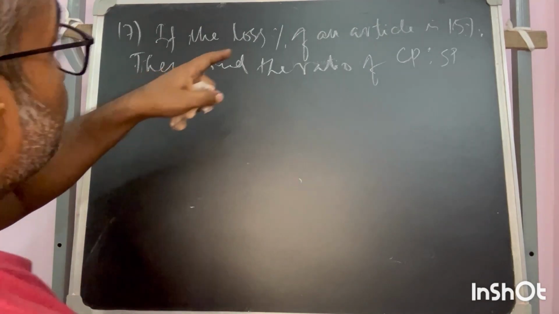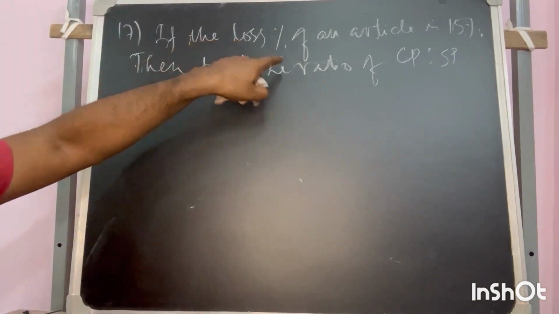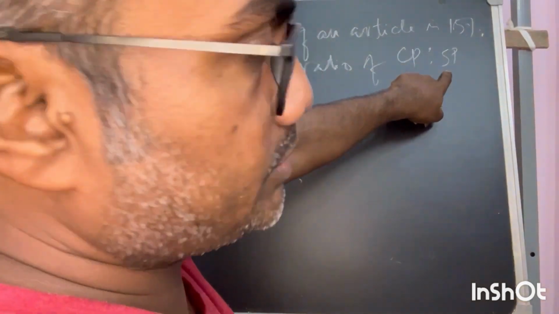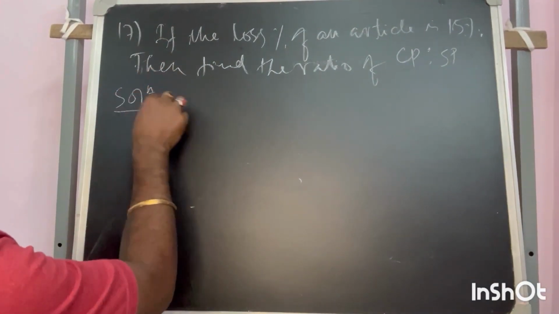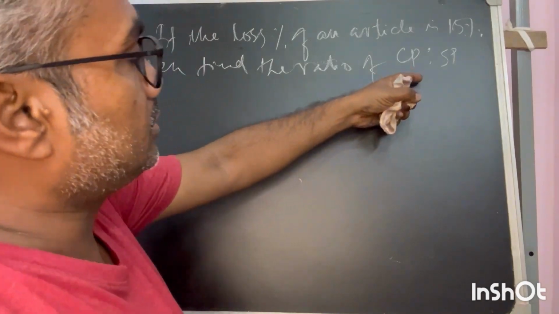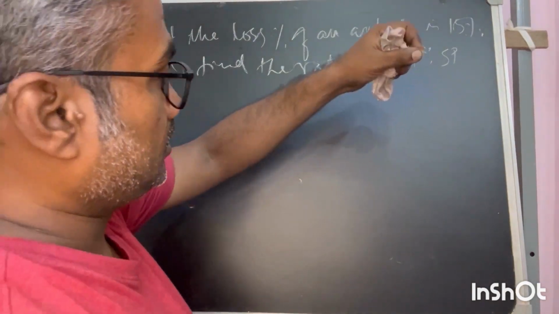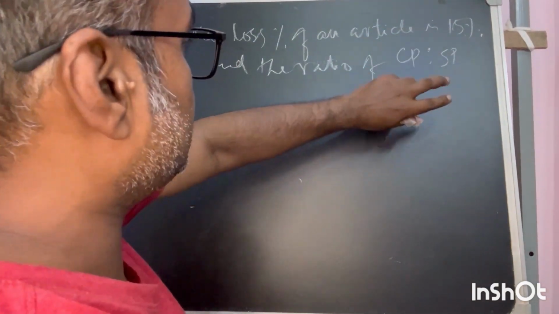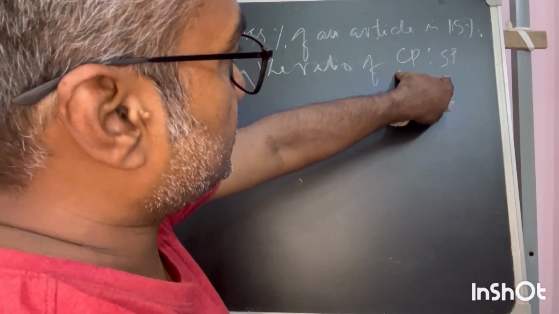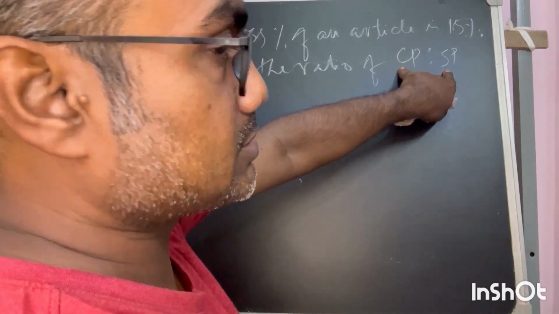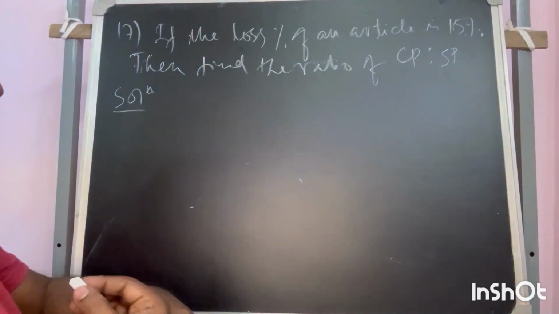Now, as it is making a loss, definitely CP will be higher and SP will be lesser. That information will not give you much advantage, but at the end, whatever result comes can be cross-checked: this ratio should be more than 1. That is the only thing.